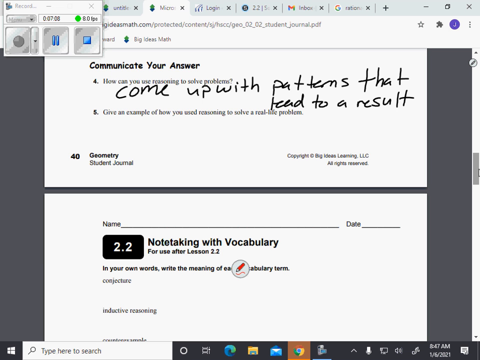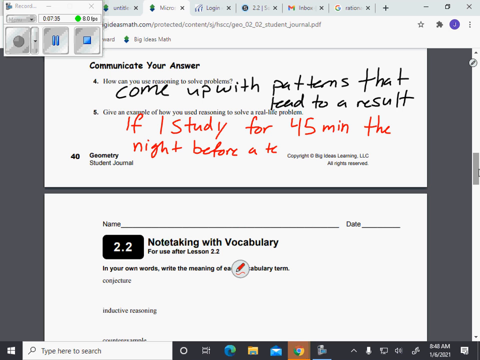Back in high school, if I were to take a math test, if I studied for 45 minutes the night before a test, I got at least a B. Okay, so what do you think I did before every test?